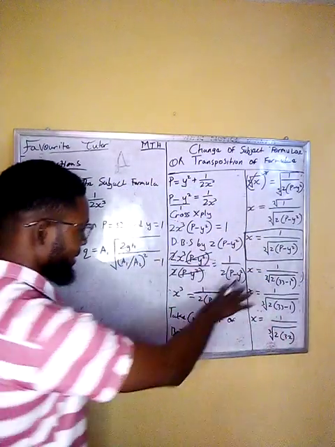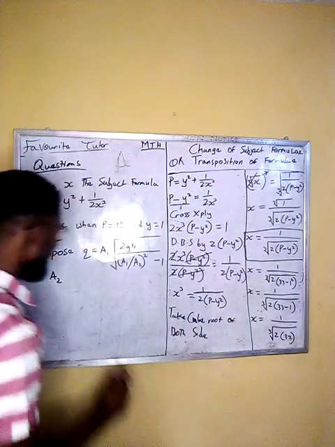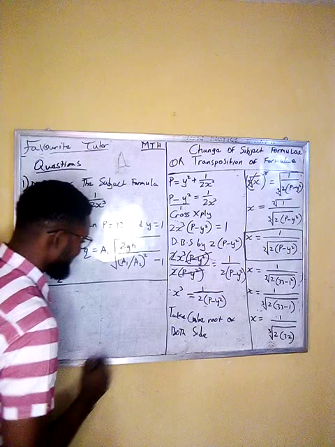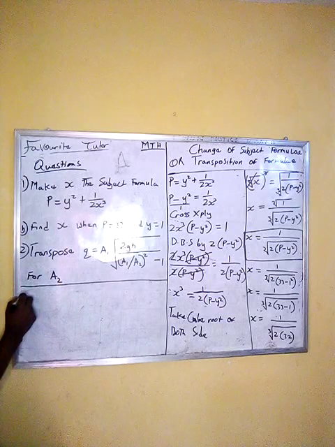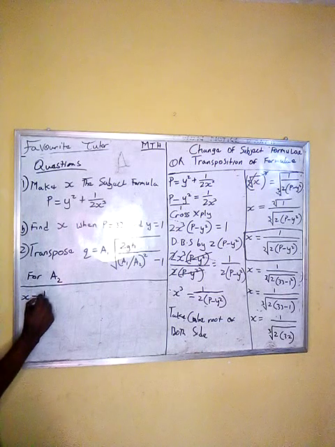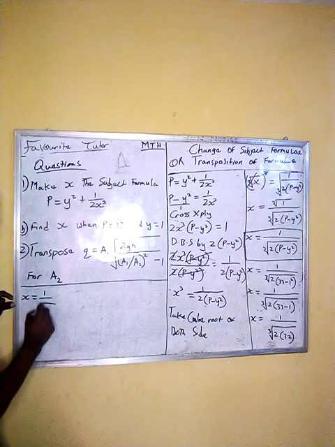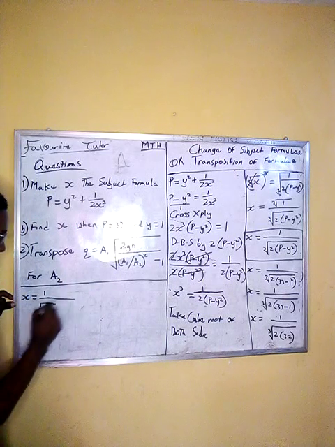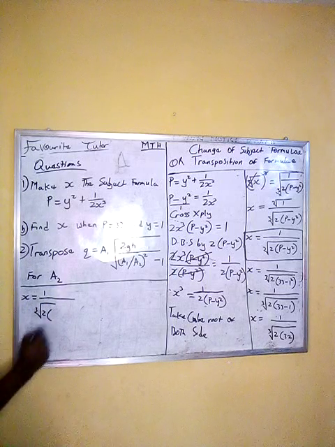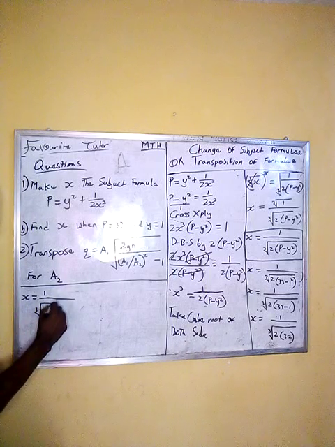It's like I've exhausted that side of the board. Okay, let us take it this way. So what we have there is x equals 1 all over the cube root of 2 brackets 32.